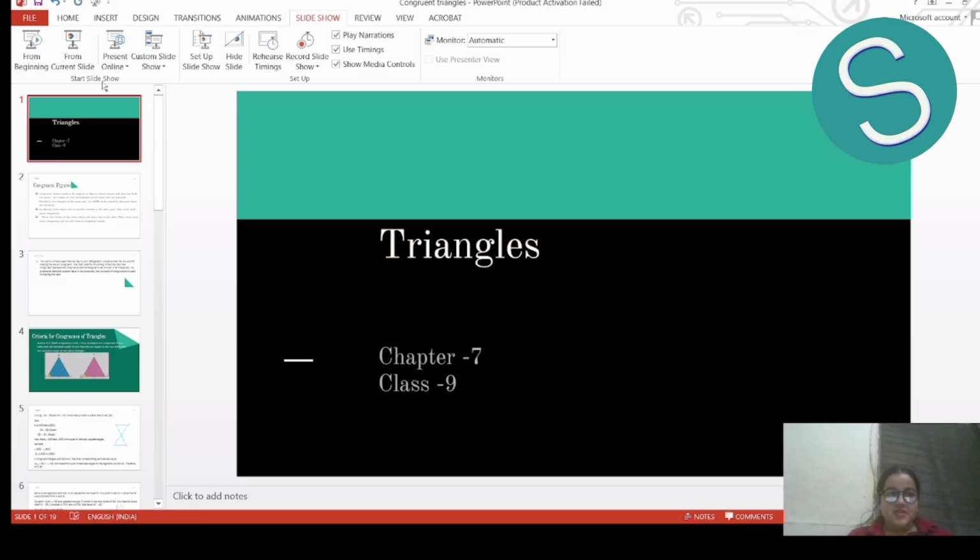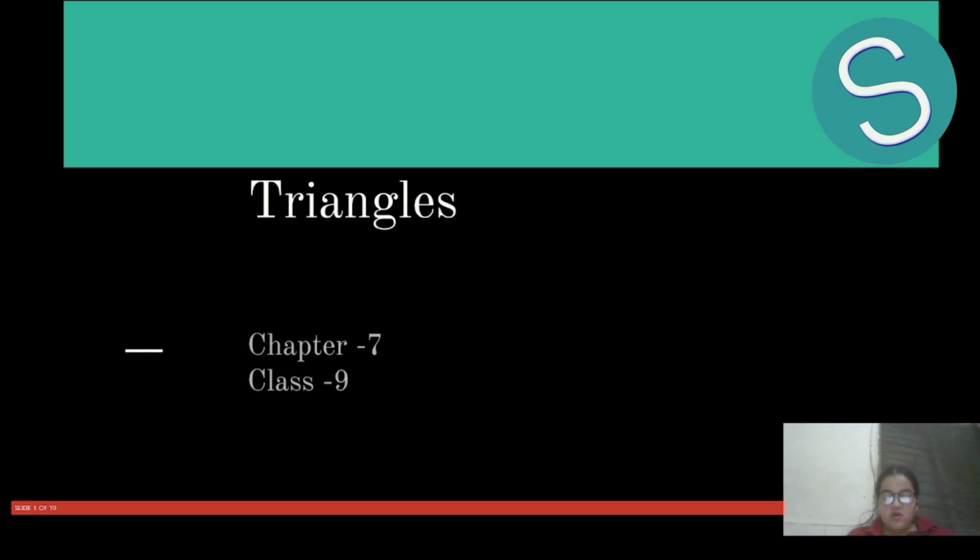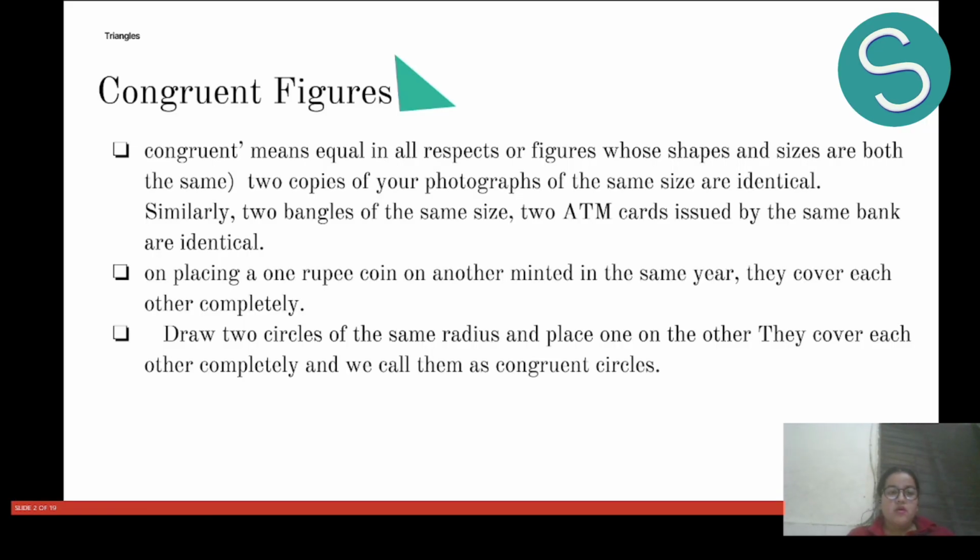So firstly we will discuss congruent figures. Congruent means equal in all respects, or figures whose shape and size are both the same. Like if I take two copies of photographs of the same size, then they are equal, right? They are identical.